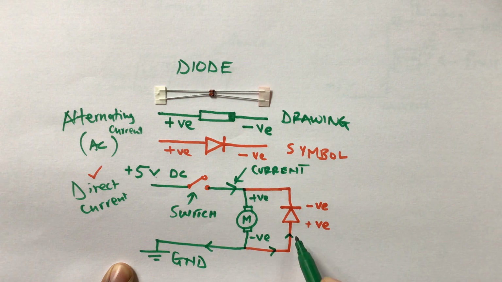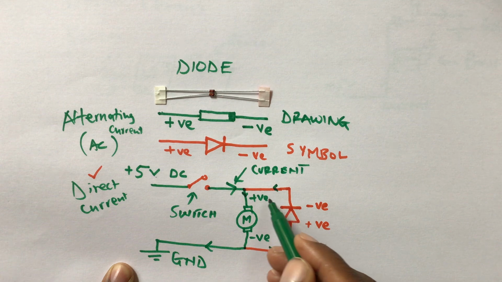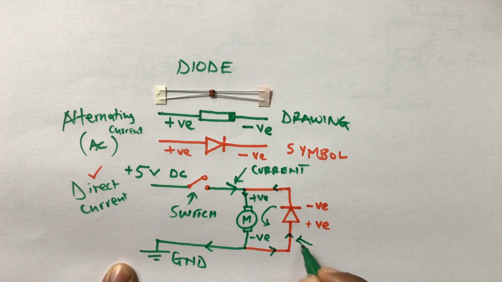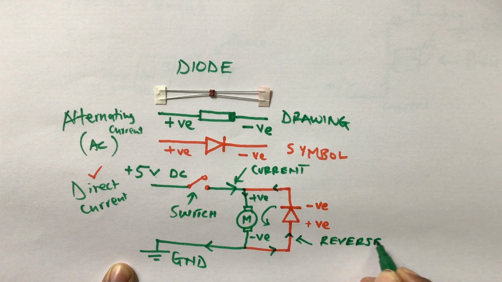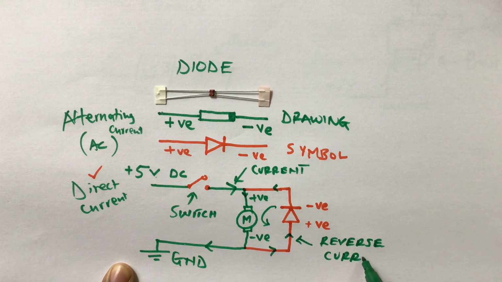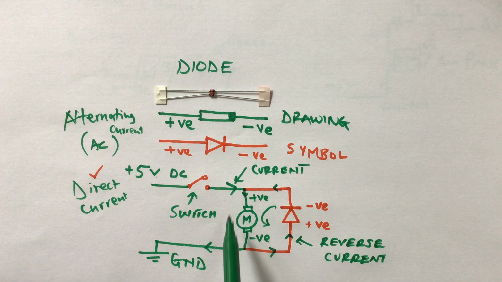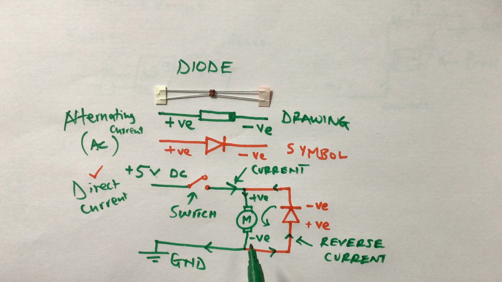It will keep rotating, it will just go round and round and round. So your reverse current will go through this cycle, and it will keep going round up to when your motor will stop. And by doing that, you have saved your motor and you've also saved your circuit.